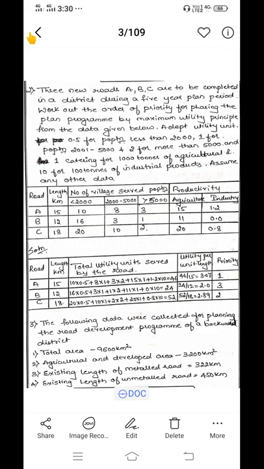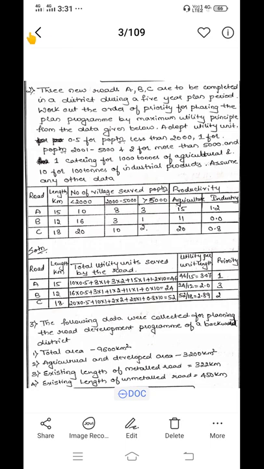So it is 20 into 0.5 plus 10 into 1 plus 2 into 2, plus there are 20 units of agricultural productivity, 20 into utility unit 1, and 0.8 into utility factor 10 for industrial products. So the total utility we got is 52.